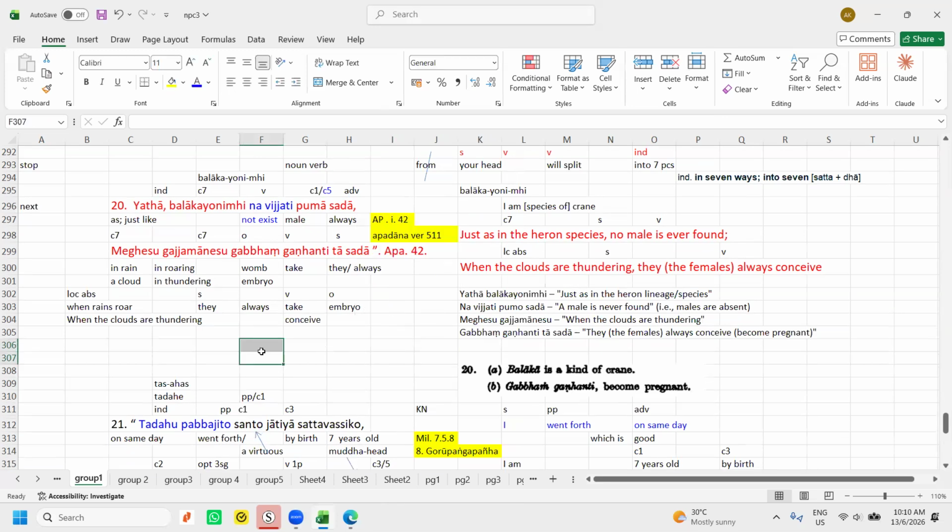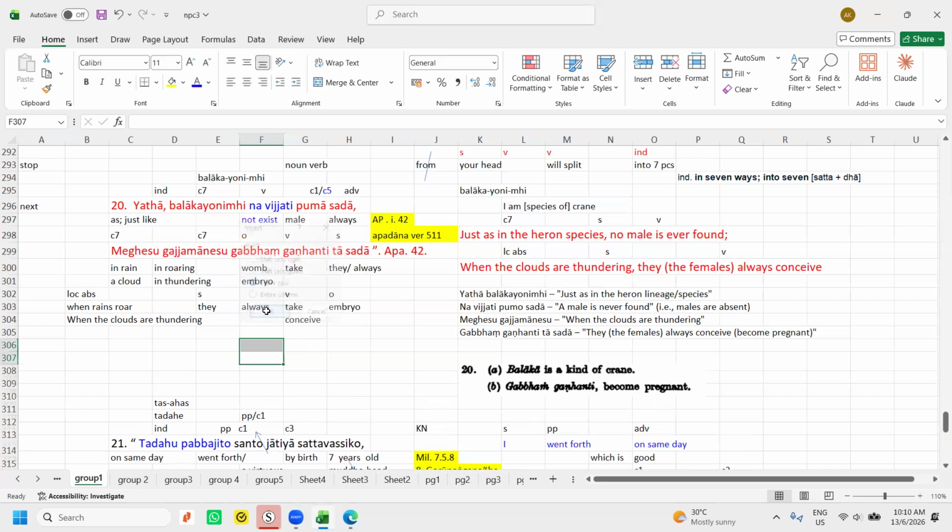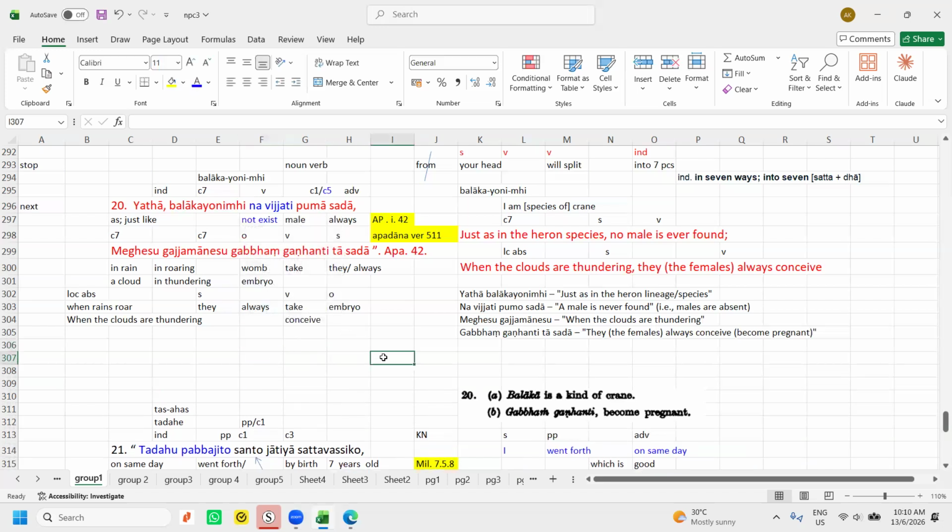Two lines here. Now this one I will take as from there. Okay, because this will be ablative. Then I will take this word now with jati.